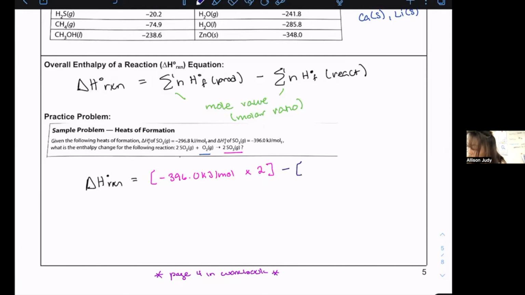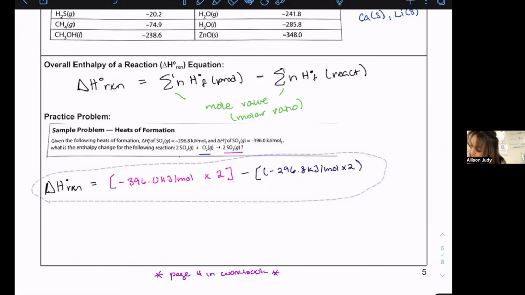The first reactant I have is sulfur dioxide. I'm told that sulfur dioxide has an energy of formation equal to -296.8 kilojoules per mole. According to my balanced chemical equation, I required 2 moles of that compound involved in my overall reaction.